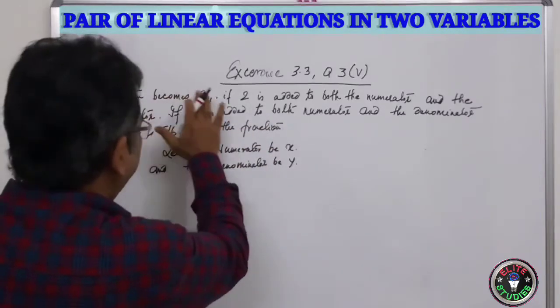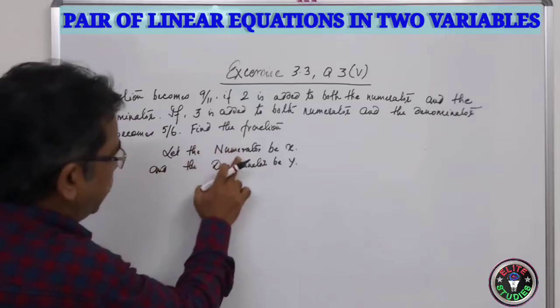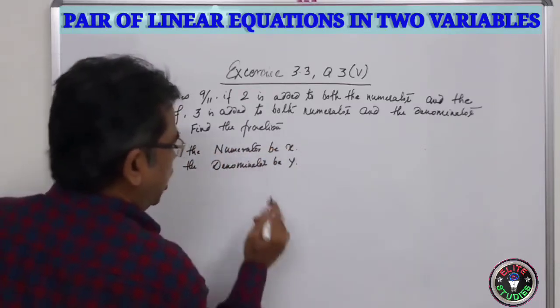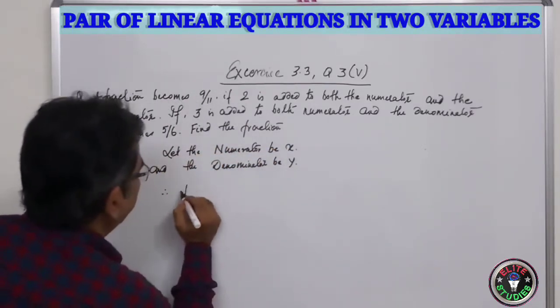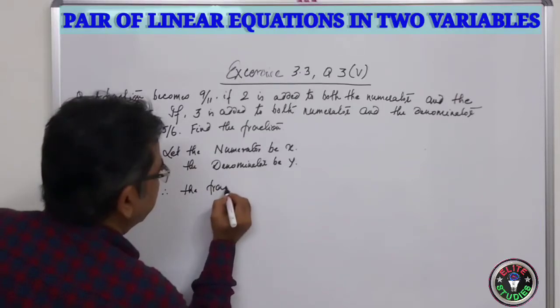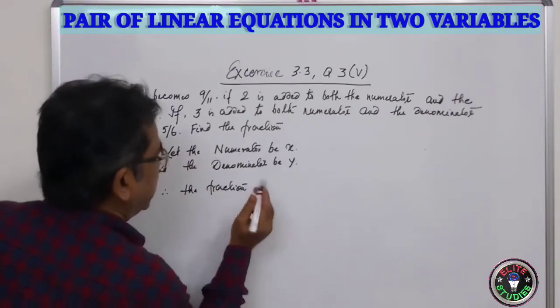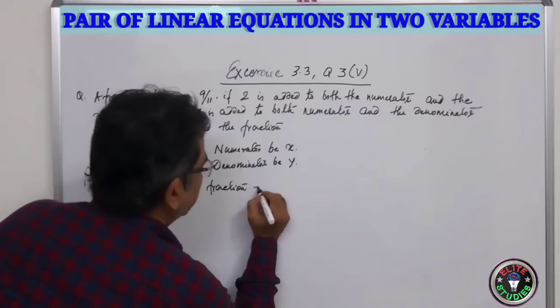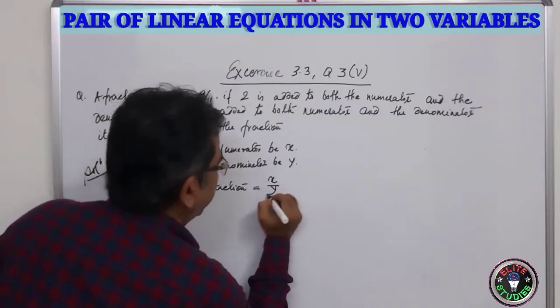A fraction becomes 9 by 11. So let the numerator be x and the denominator be y. Therefore, since a fraction is numerator by denominator, the fraction is equal to x by y.